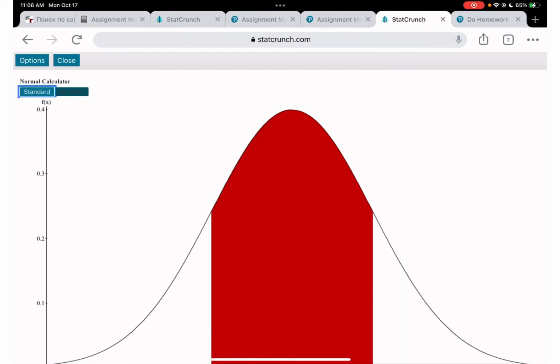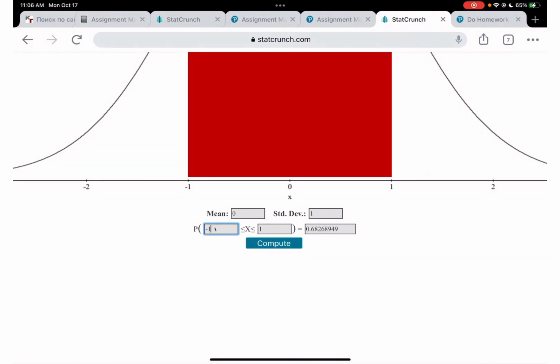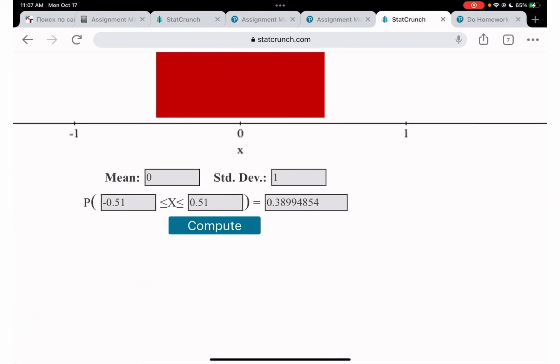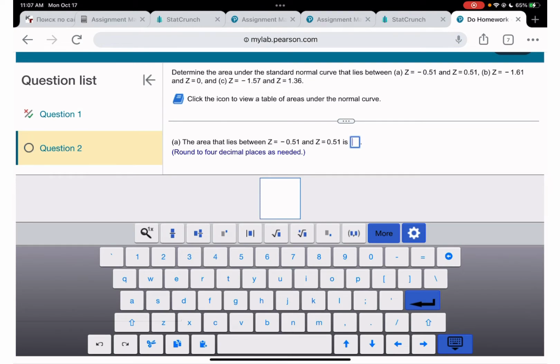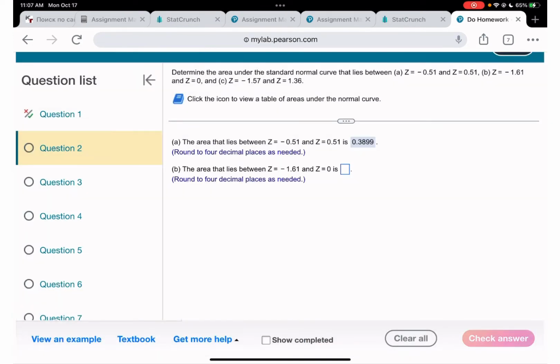When I click between, it shows two boxes here, between negative 0.51 and positive 0.51, and click compute, and we are getting 0.3899. Okay, well, and so on.